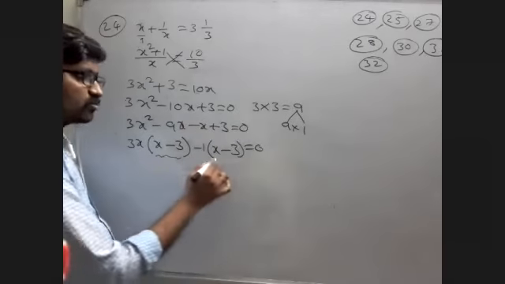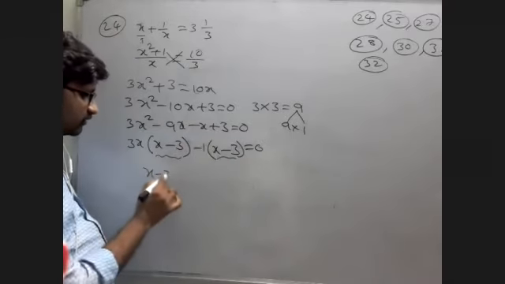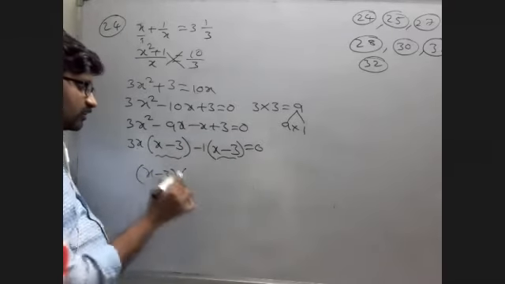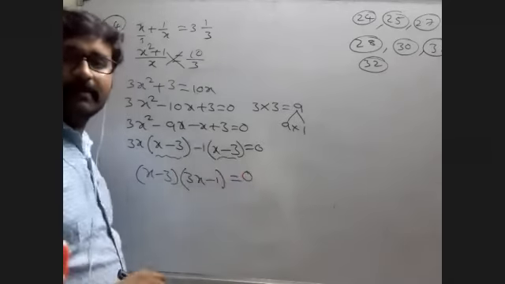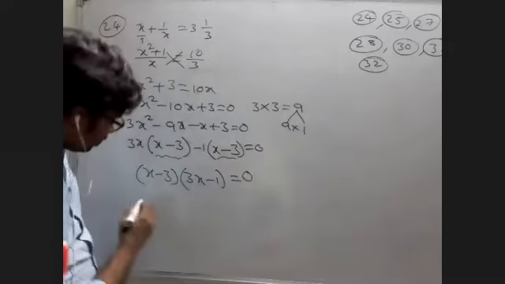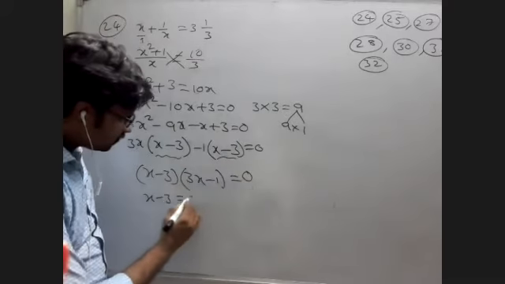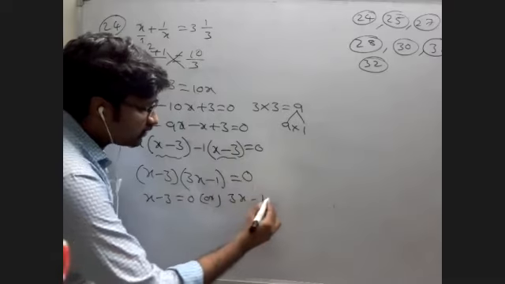We should make these two terms the same. Now taking x minus 3 common, remaining here 3x and here minus 1 is equal to 0. Now we have to apply the zero product rule, that is x minus 3 is equal to 0, or 3x minus 1 is equal to 0.